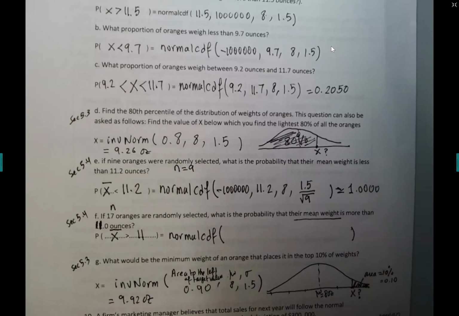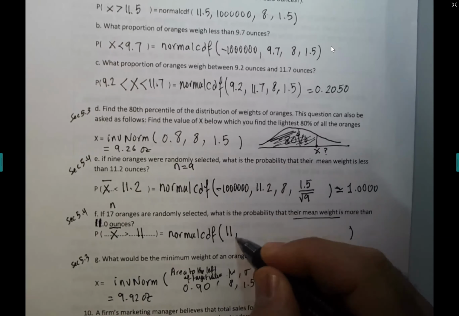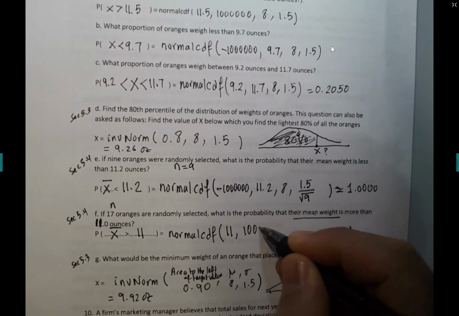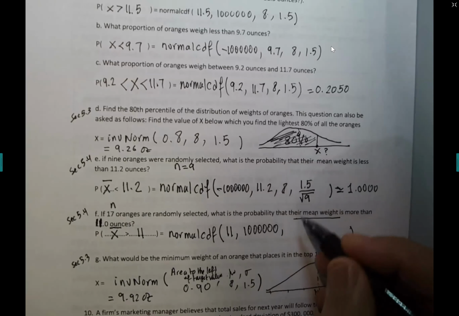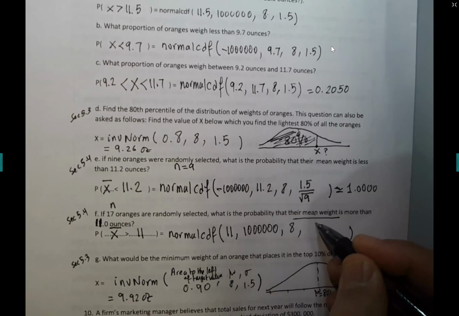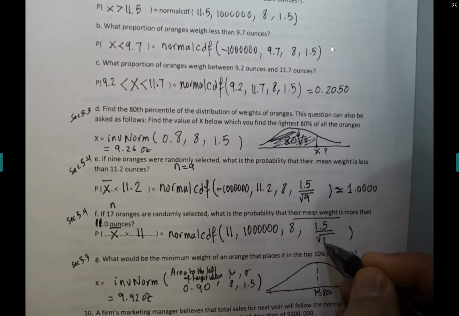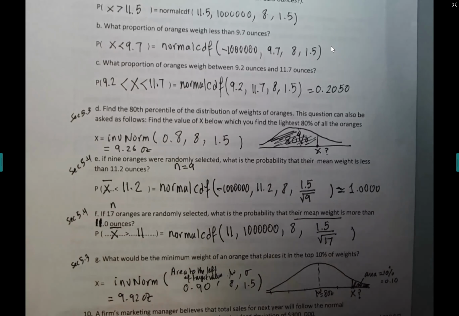Okay, guys, what goes in here? 11. Then what? Million. Then the mean, which is what? Same. 8. Then the standard deviation. 1.5 over square root of 17. Exactly. Not square root of 9, guys. We're done with 9. We answered that in part E. Square root of 17.